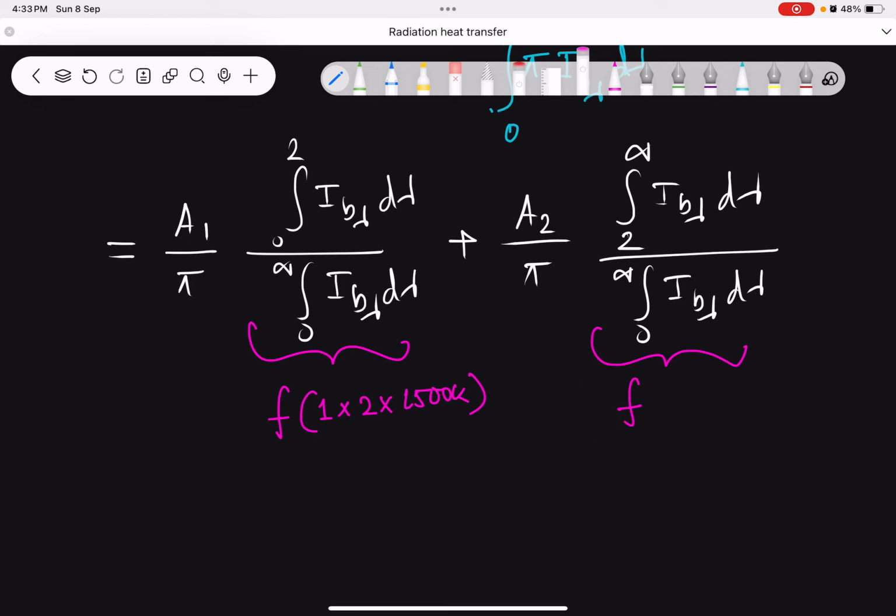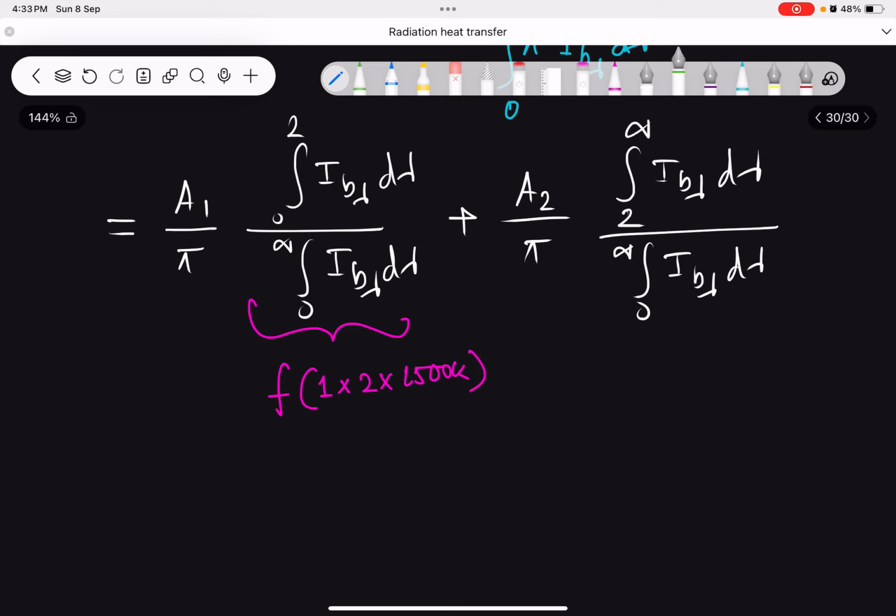This is another mistake. People will again write here 1 into 2 into 1500. No, this will be what? I am going slowly.